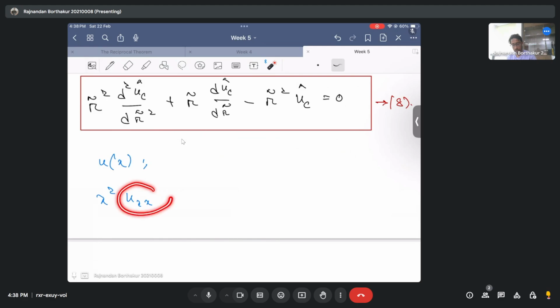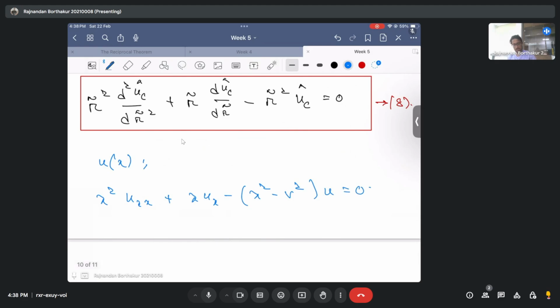Remember, it's just a shorthand form that I'm writing, instead of repeatedly writing it. So if u(x) satisfies x squared times u_xx plus x times u_x minus x squared minus nu squared times u equals 0.